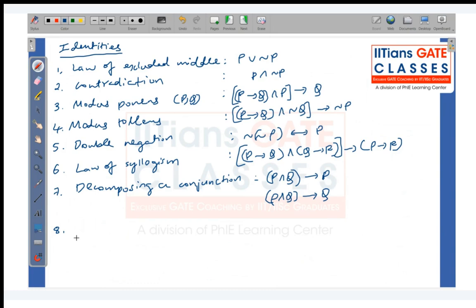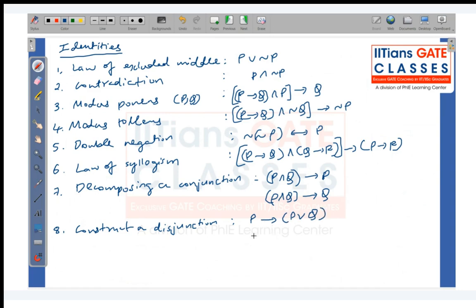Next one, constructing a disjunction. So it's essentially the other way around. If I know that P is true, I can take its disjunction with any other proposition.